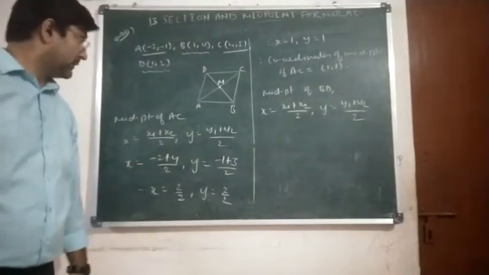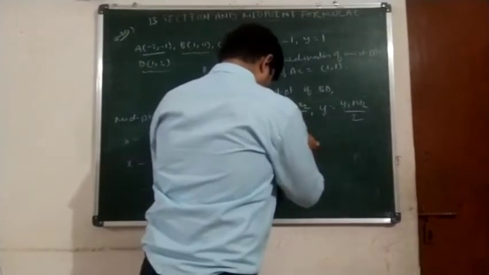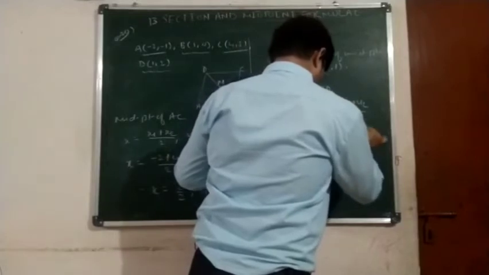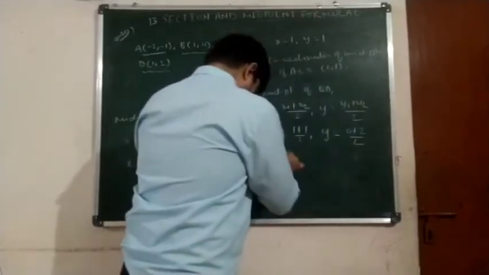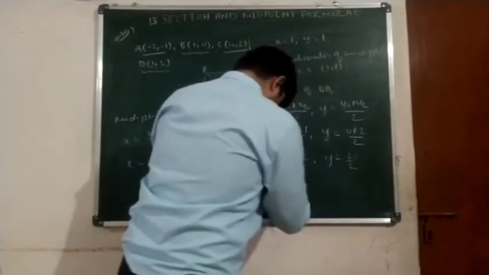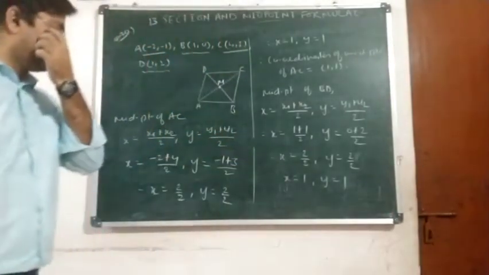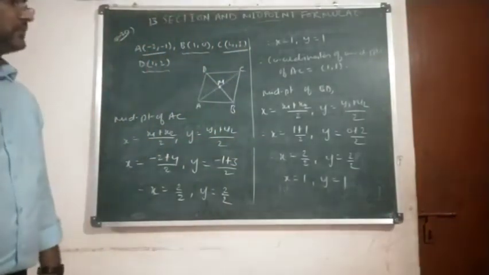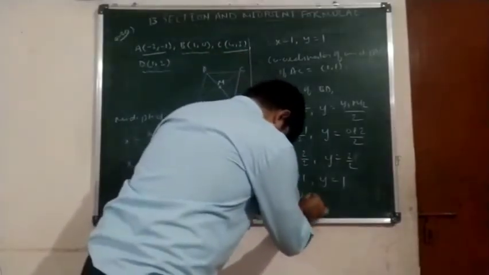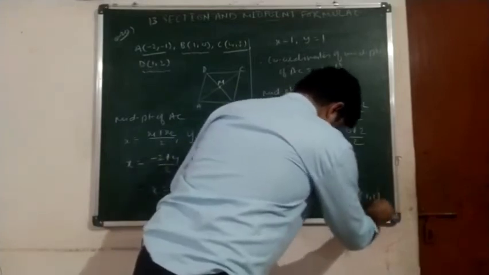Okay. So x is equal to (1 plus 1) by 2 and y is equal to (0 plus 2) upon 2. Therefore x is equal to 2 by 2, y is equal to 2 by 2, x is equal to 1 and y is equal to 1, and therefore the midpoint of BD is also (1, 1).